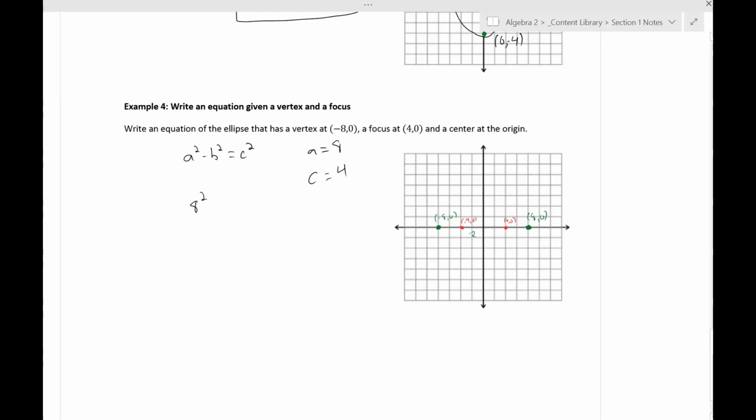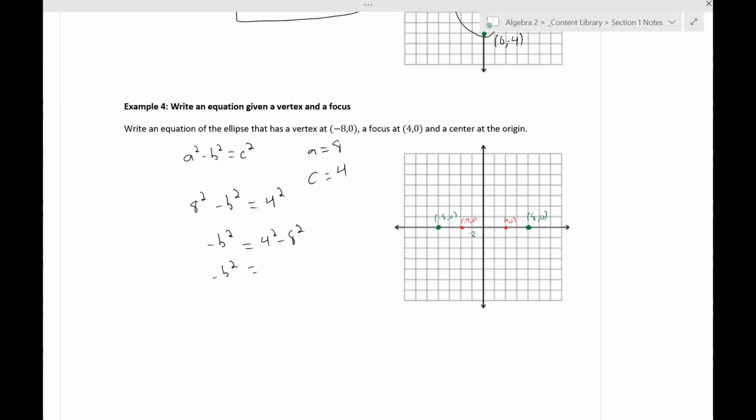That means 8 squared minus B squared, we don't know what that is, equals C squared, well, equals 4 squared, which means negative B squared equals 4 squared minus 8 squared. I'm just moving this over by subtracting it. 4 squared is going to be 16, and 8 squared is going to be 64.